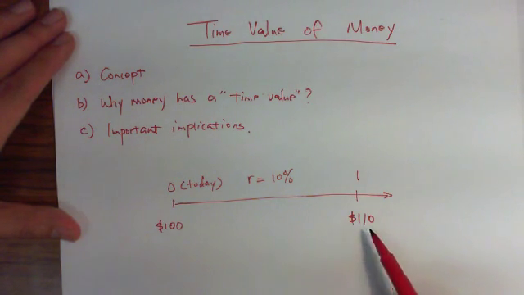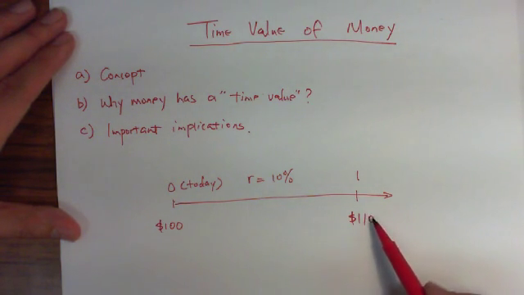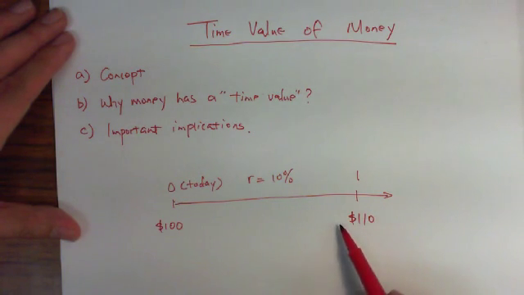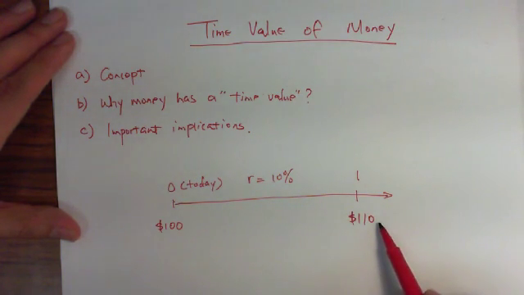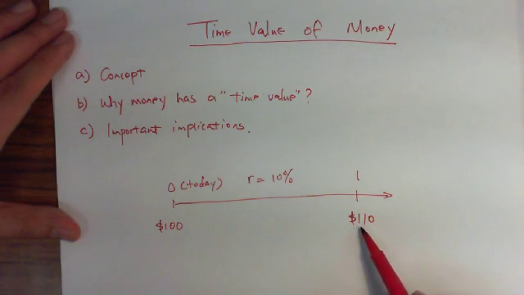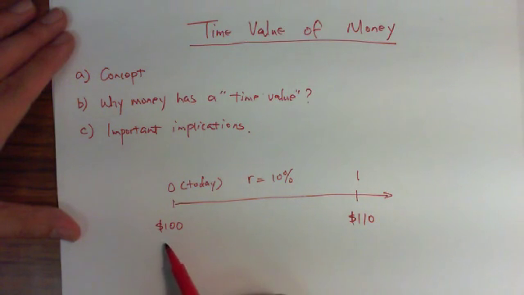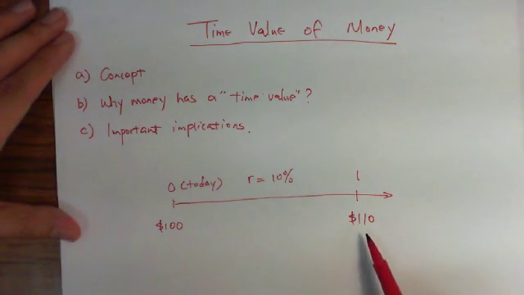In other words, to the owner, the $10 will cover the sacrifice. So the benefit the owner is going to receive from this $110 in year one should be the same as the $100 that can be used today. So from the owner's perspective, the $100 is the same as the $110 to be received in the future at the end of the first period.